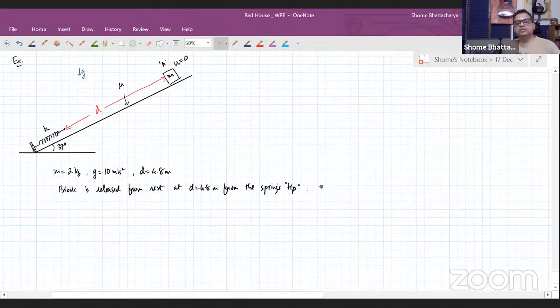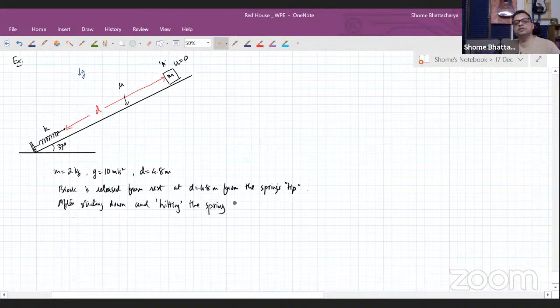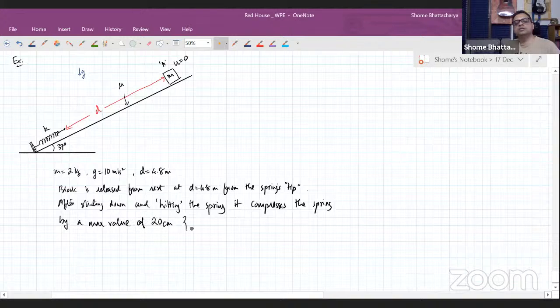Now what happens is, after sliding down and hitting the spring, or making a collision with the spring, it compresses the spring by a maximum compression of 20 centimeters. So the maximum compression of the spring is 20 centimeters.